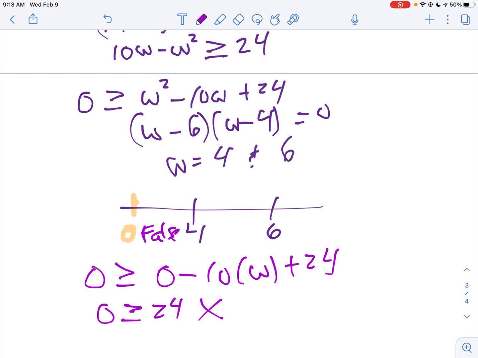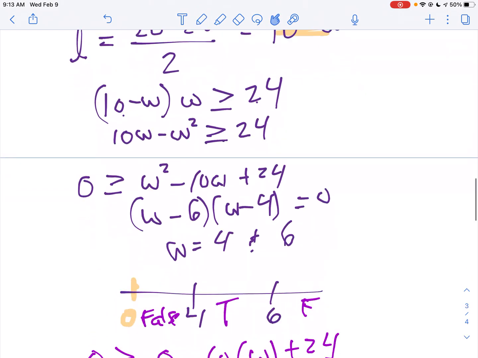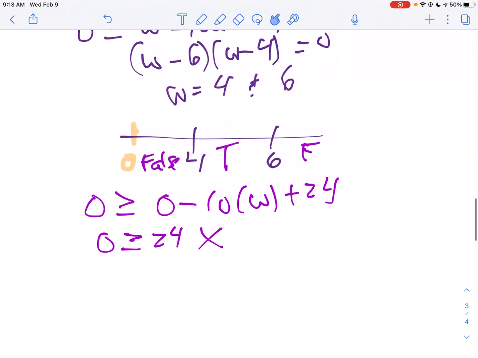So it's between 4 and 6, and then I know anything bigger than 6 is false. Now, remember, it can be 24, so I can include the endpoints, so w is going to equal any number from 4 to 6. It'll meet my conditions.